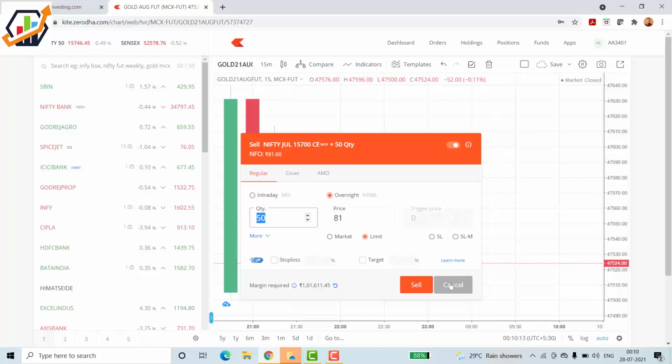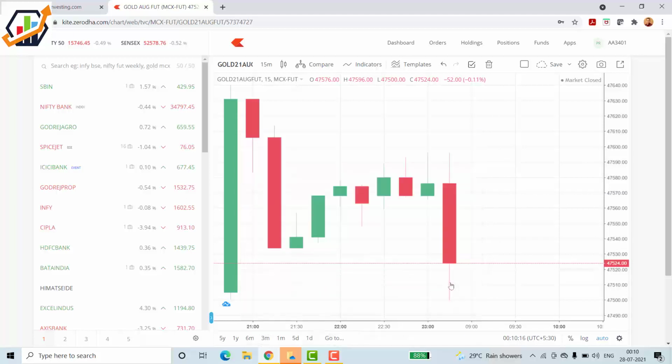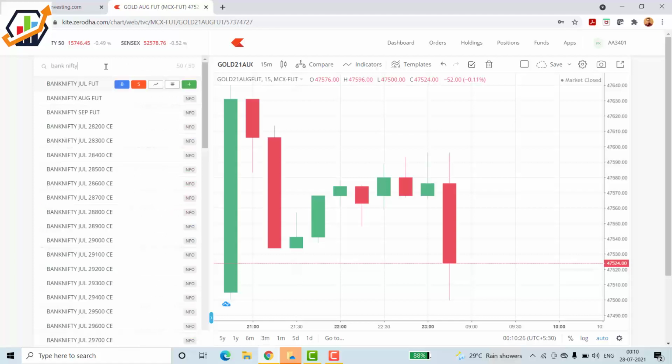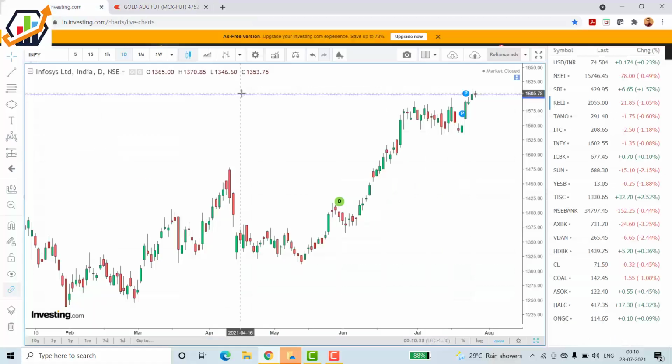There are three indices which you can trade. One is Nifty, one is Bank Nifty, and the third is Fin Nifty, that is Finance Nifty. If you go to Bank Nifty, you'll find that all these calls would be there, right? These calls are for Bank Nifty.